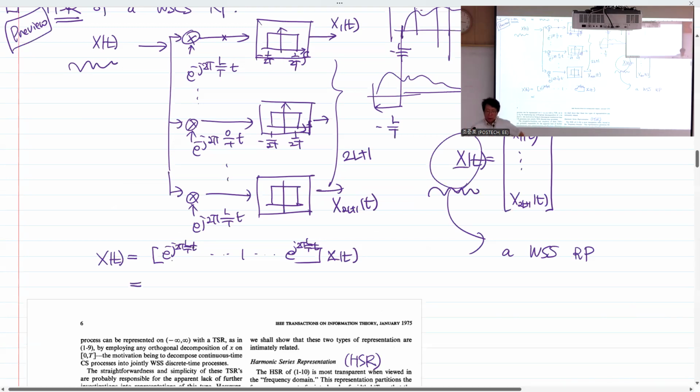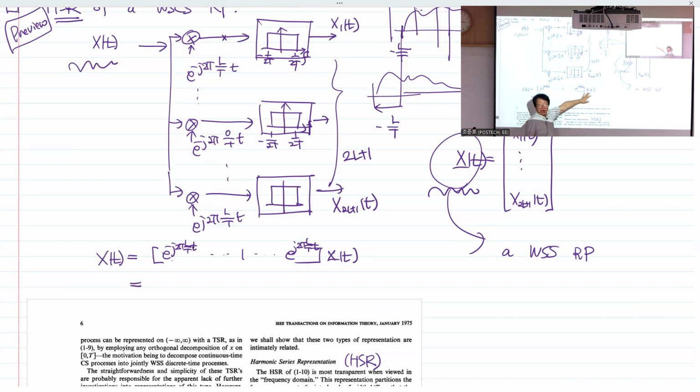Let's first show that if element processes are strictly band limited to the Nyquist zone, so we assume that each entry of this vector valued random process is strictly band limited to the Nyquist zone, plus minus 1 over 2T.